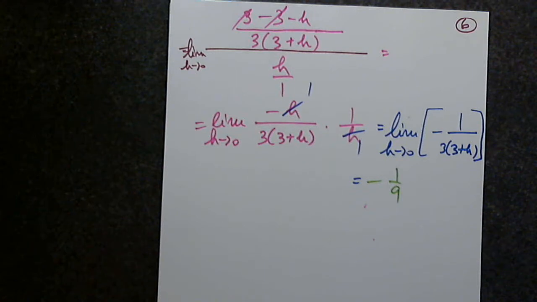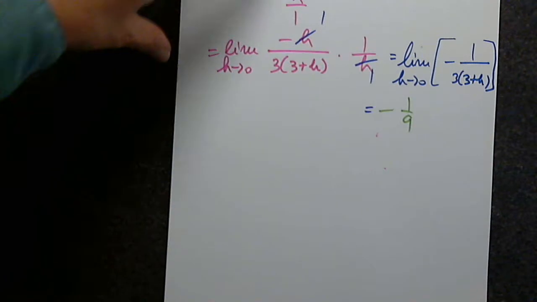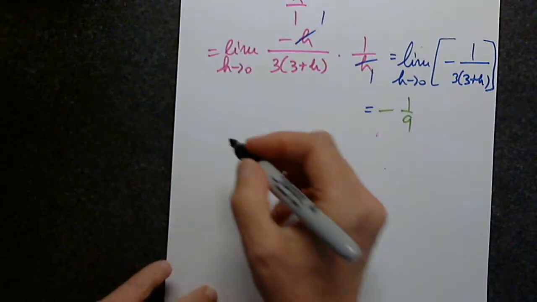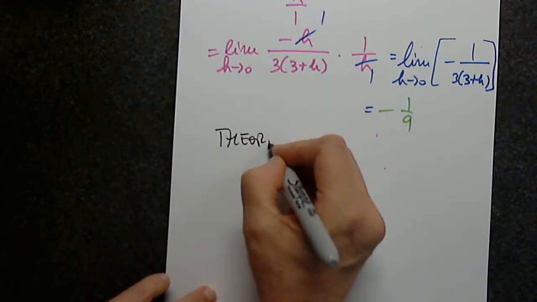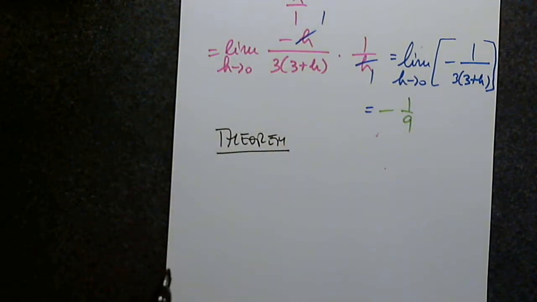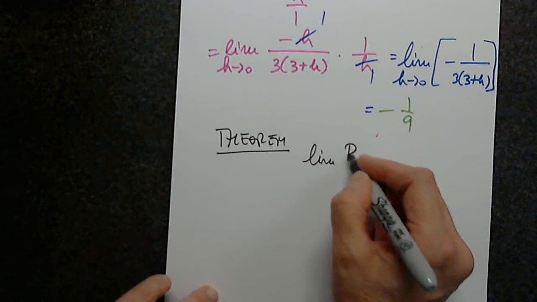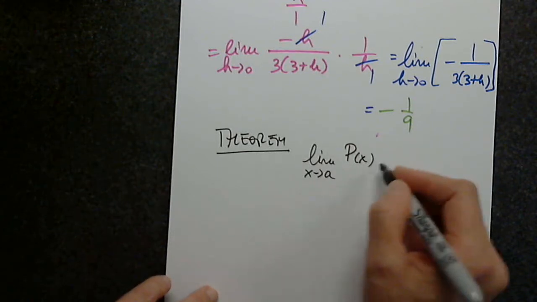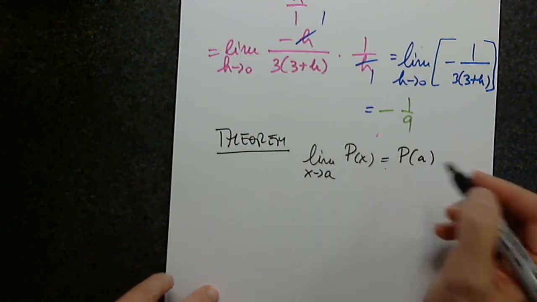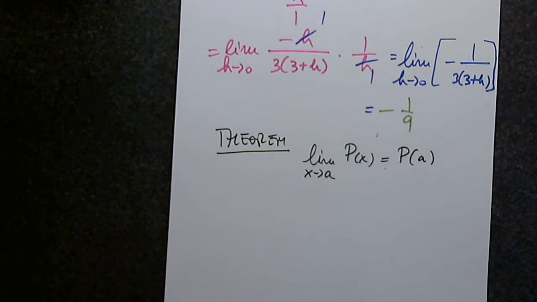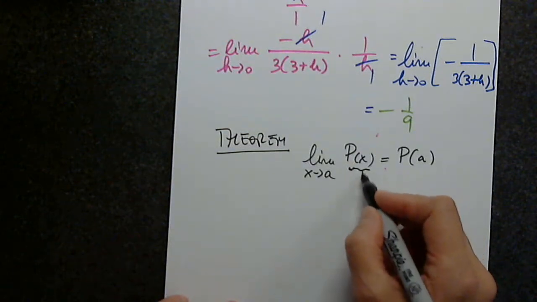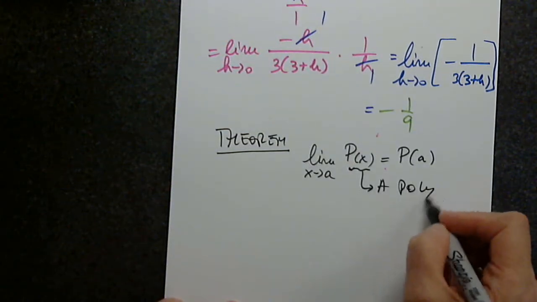Okay. Now, I would like to say one more thing about polynomial and rational functions and radical functions. There is a theorem, and this is the theorem that allows us to plug in. If we find the limit of a polynomial as x approaches a, it's the same as just plugging in, replacing x by a, where p of x is a polynomial.